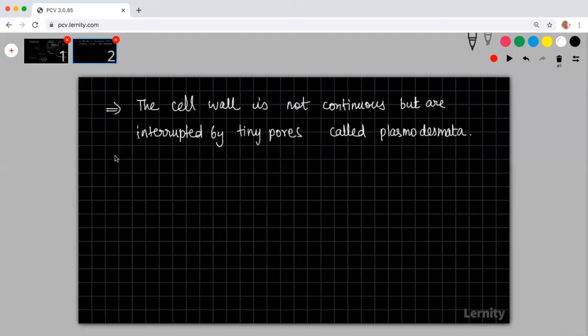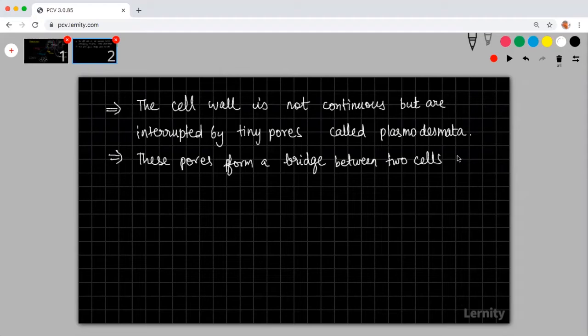These pores form a bridge between two cells and allow cytoplasmic continuity.